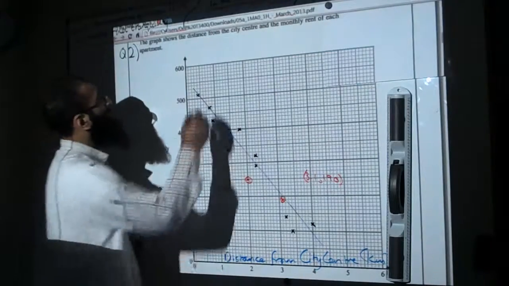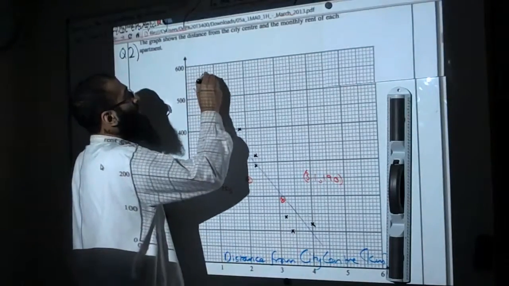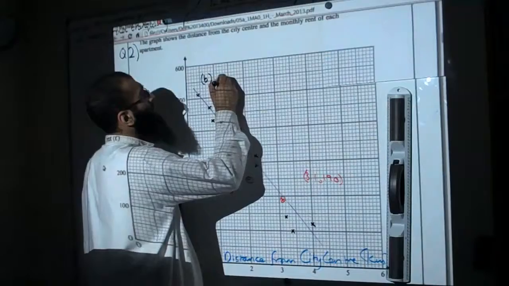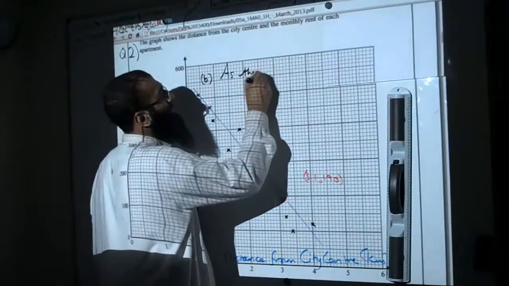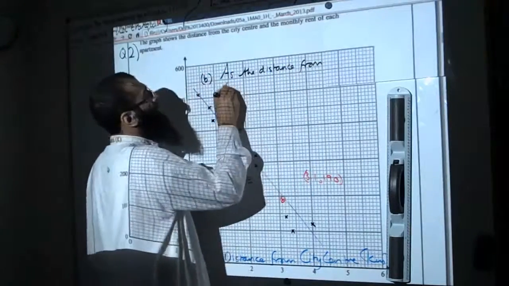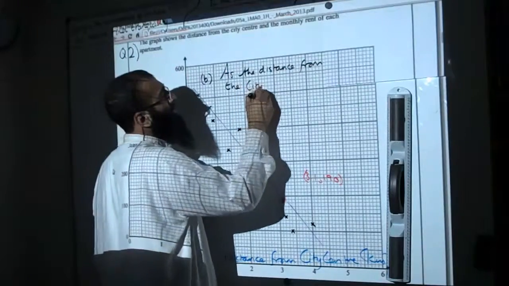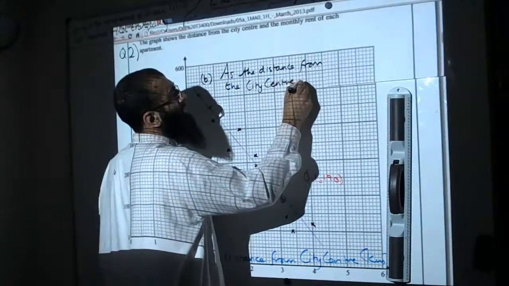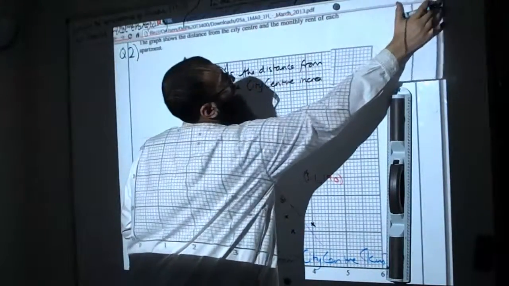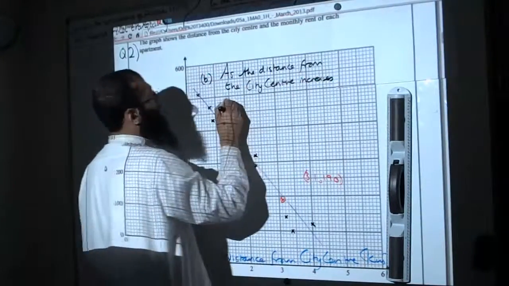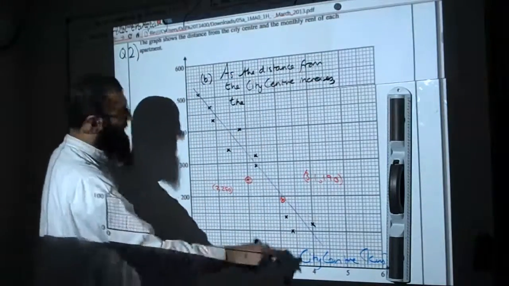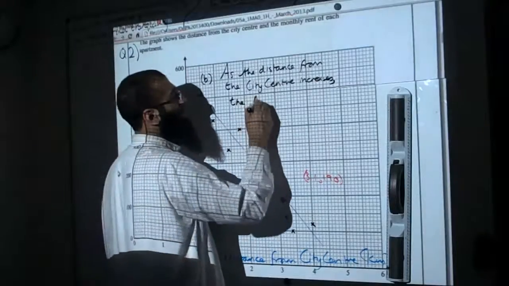So that's question part B. So we say, as the distance from the city centre increases, as the distance increases, the monthly rent decreases.